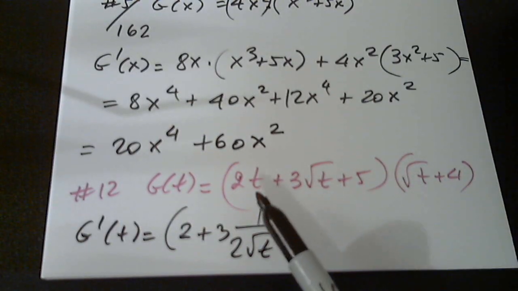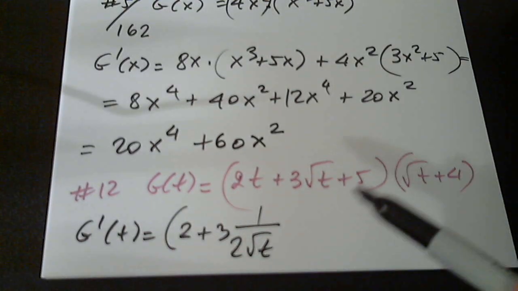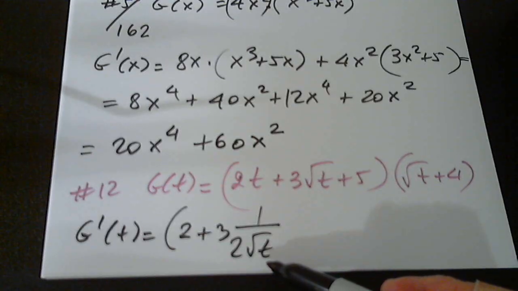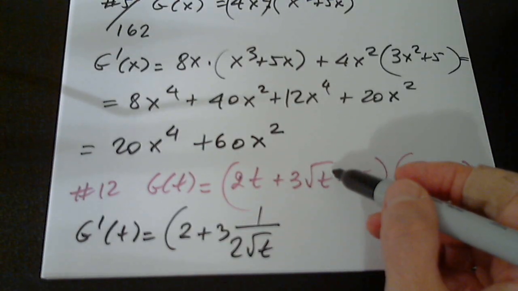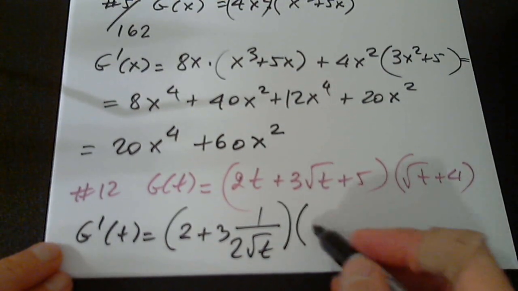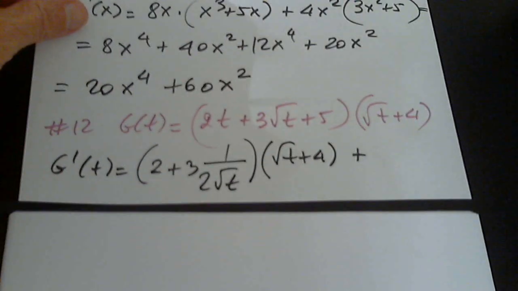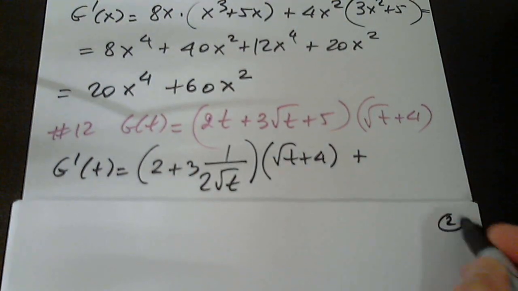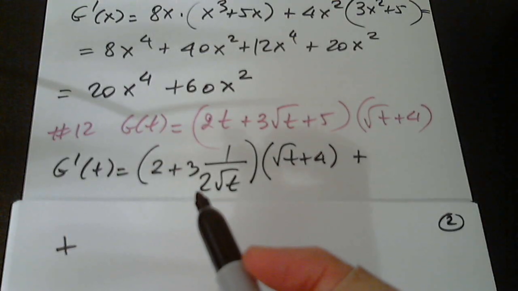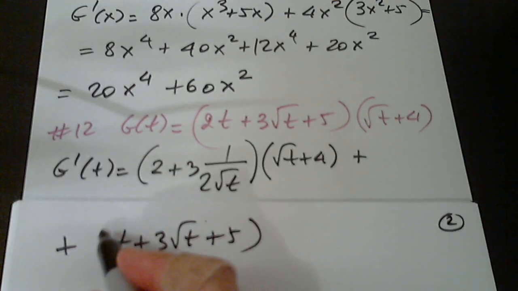Okay, so let's do this again. So 2t prime is 2. So I copy 3, and when I differentiate this, I use the shortcut. Do not change the square root of t to t to the 1/2. We already have the shortcut. 5 prime is 0. I have to multiply by the square root of t plus 4, and then plus I have to copy the first function, which is 2t plus 3 times the square root of t plus 5.